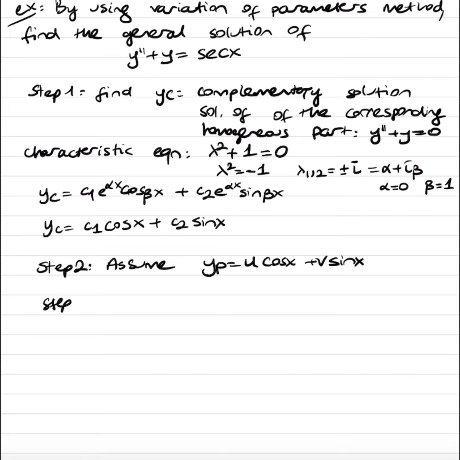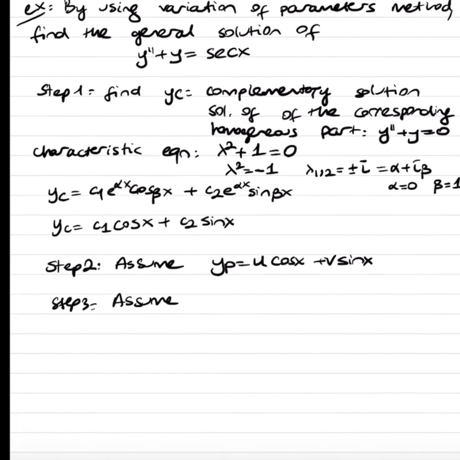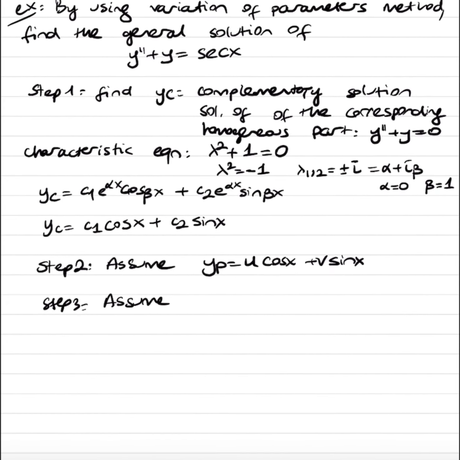And in step 3, for simplicity, we always assume u prime y1 plus v prime y2 is equal to 0. So in our case, it is u prime cosine x plus v prime sine x is equal to 0.